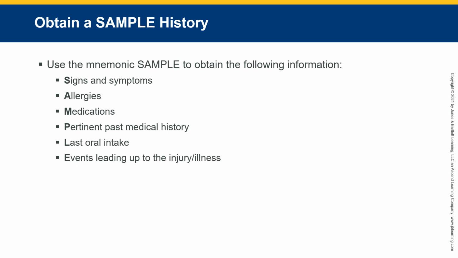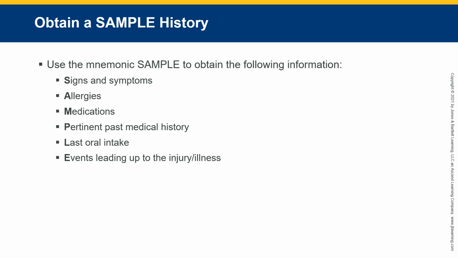Onset and time are different. Onset is when did this happen, or what were you doing when this happened? Provocation, does anything make it better or worse? Quality, what does this feel like? This is where you're going to get shooting, stabbing, crushing.